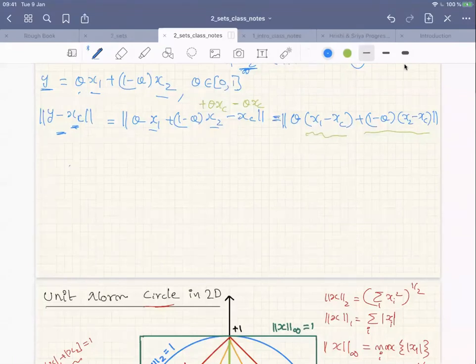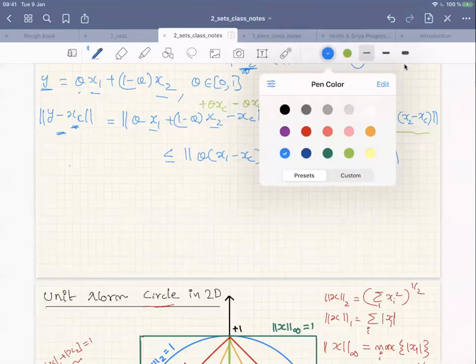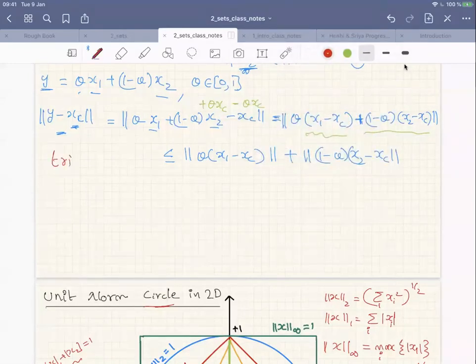So now this quantity is less than or equal to a sum of two terms. We split the sum and write the norm of theta into x1 minus xc, so this is one term, plus the norm of 1 minus theta into x2 minus xc. Which inequality do we apply here? The triangle inequality, right? Now there is a scaling here, and we can take that scaling outside.